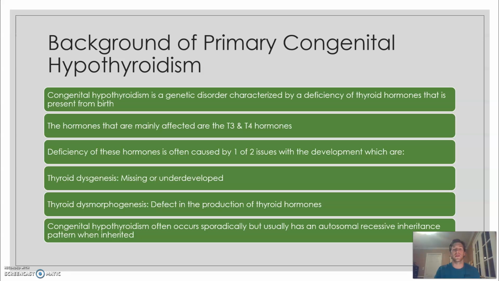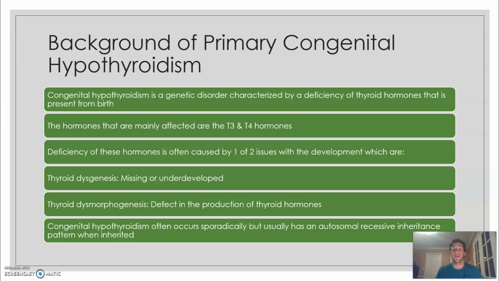The hormones mainly affected are T3 and T4, and the deficiency of these is often caused by one of two different problems. The first is thyroid dysgenesis, when the thyroid gland is either missing or underdeveloped at the point of birth.